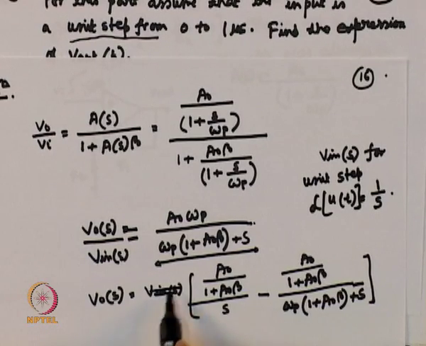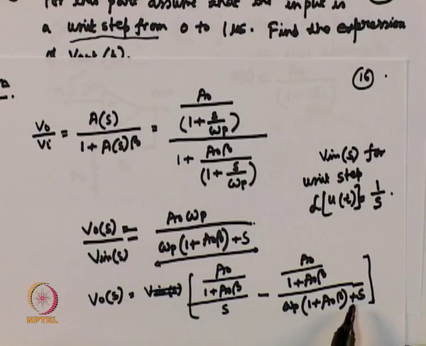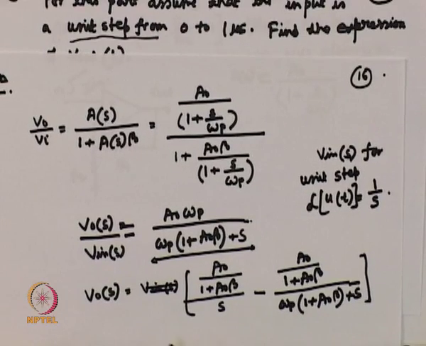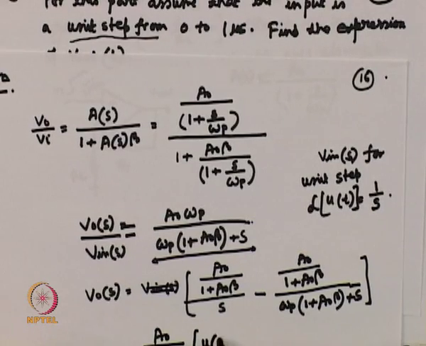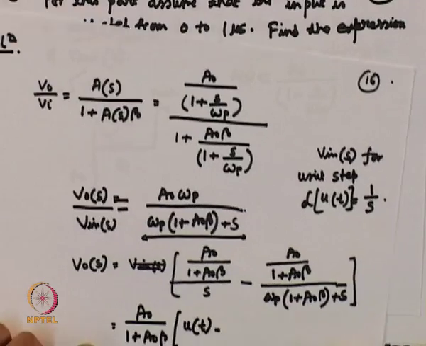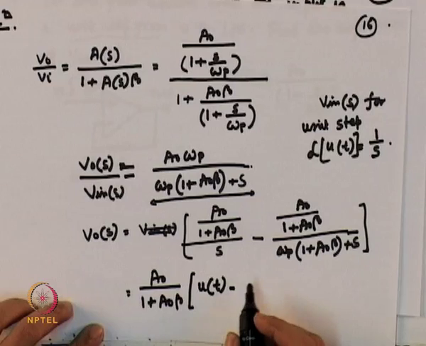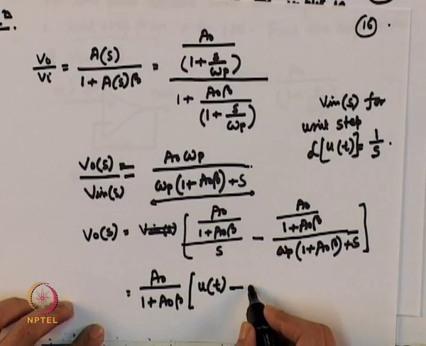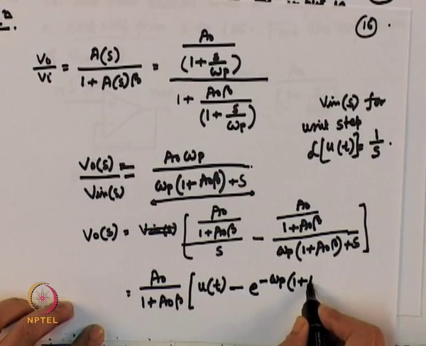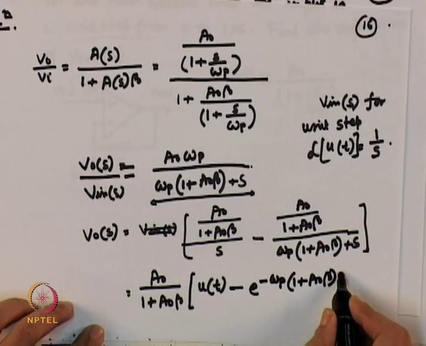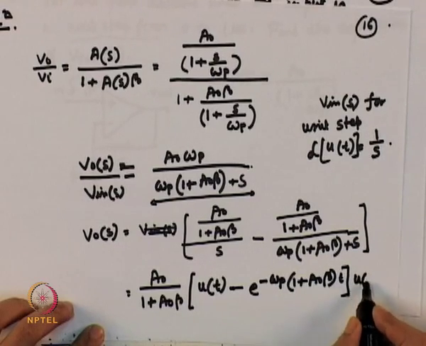Actually, Vin(s) is already multiplied, and this 1 by s is coming because of the partial separation. So, taking the inverse Laplace transform into the time domain, we get A naught by 1 plus A naught beta times u(t) minus e to the power minus omega p times 1 plus A naught beta t times u(t).